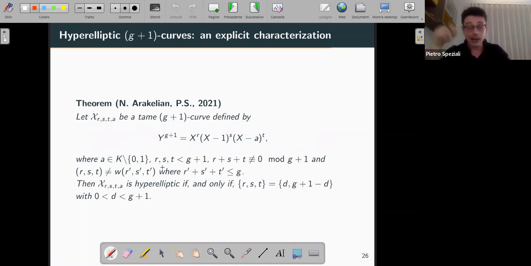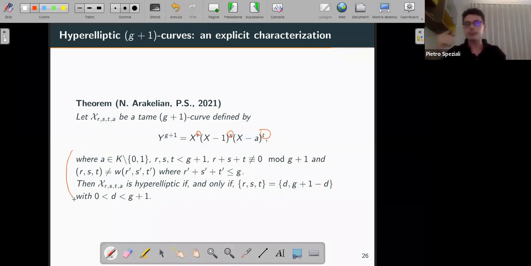Concretely, this means that you have a lot of restrictions on your R, S, and T. So if you have a tame G plus 1 curve, I give you the equation, and it satisfies these constraints here, it's hyperelliptic.